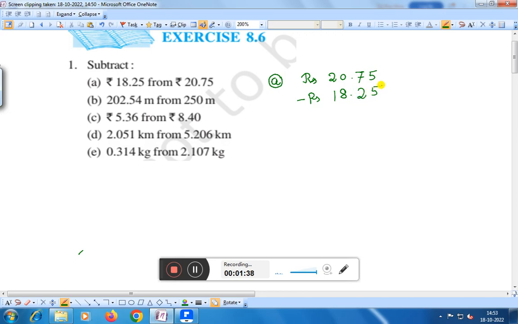We subtract this one: 5 minus 5 is 0, 7 minus 2 is 5, then 0 minus 8, carry 1, gives 2 rupees. Rupees 2.50. This is the answer of question number A.